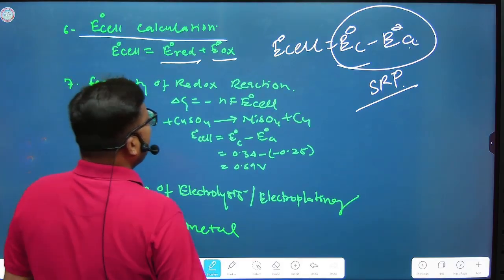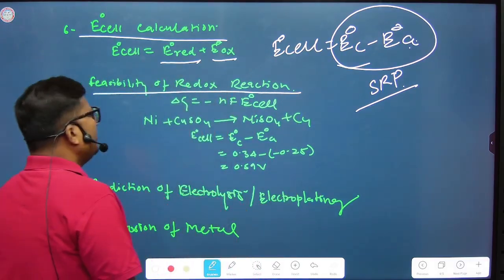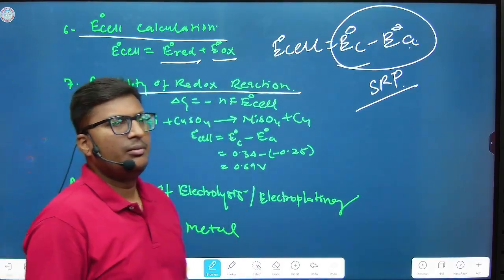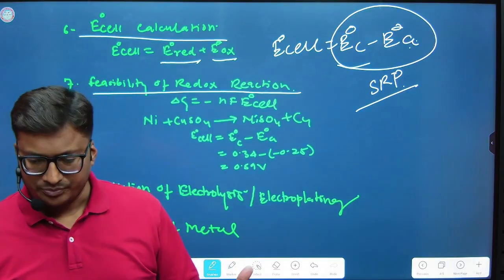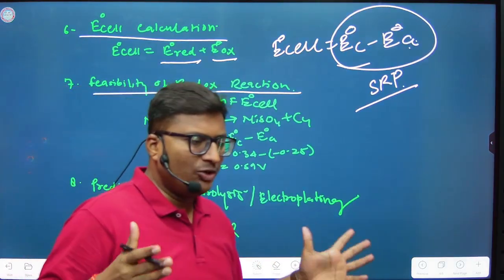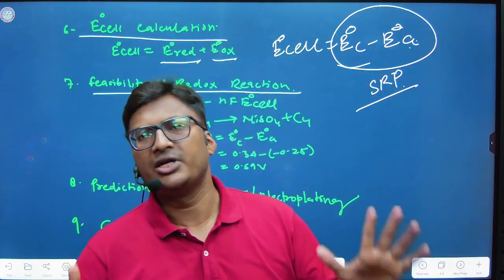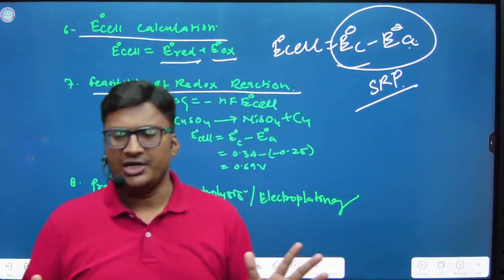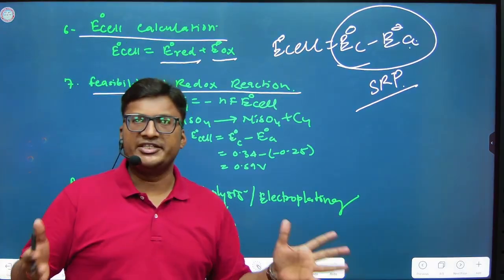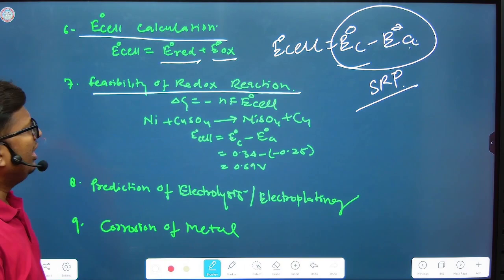Feasibility of redox reactions. The seventh point is the feasibility of redox reactions. It means whether the complete overall cell reaction will proceed in the forward direction or in the reverse direction, which can be understood through the correlation of standard reduction potentials, right?